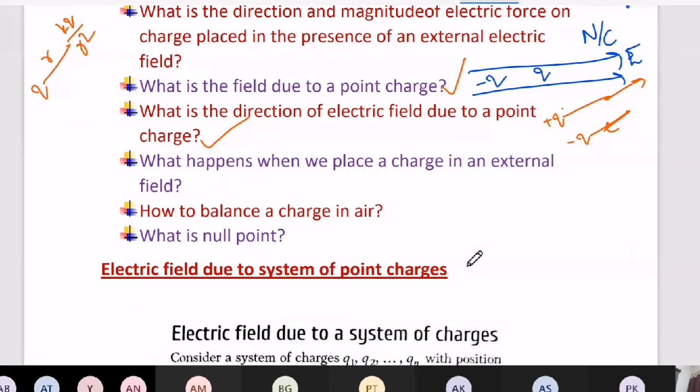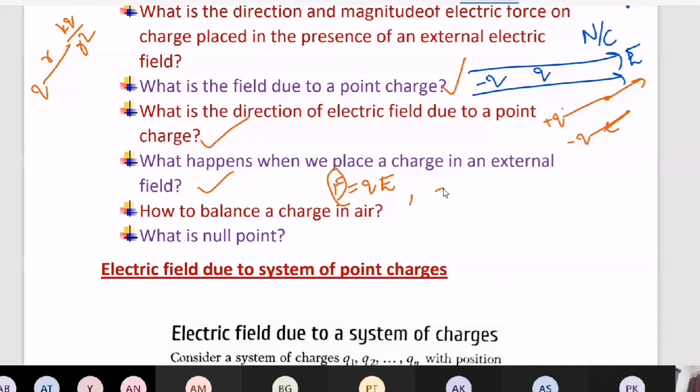Now, what happens when we place a charge in an external field? Just before, we have seen there must be one force acting on it. That force is the electric force, that is charge into magnitude of electric field. As charge remains constant, if electric field remains constant, then force also remains constant.